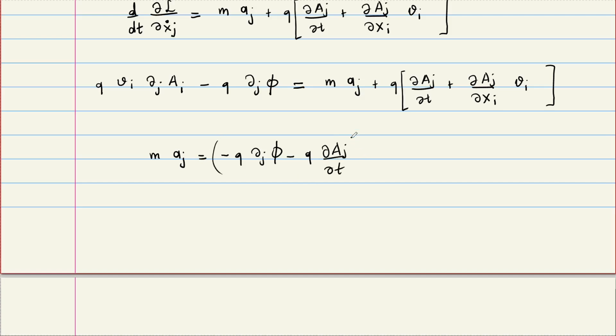So this is the first term. So I got rid of this, I have two more, and it will be plus q vi del j ai minus vi, this one, del i aj.